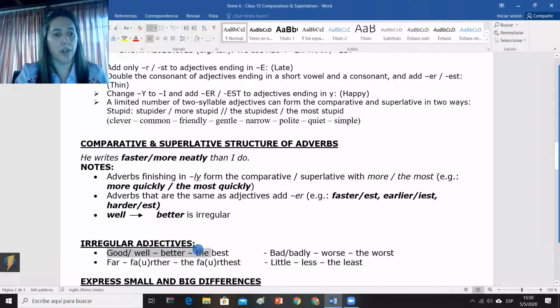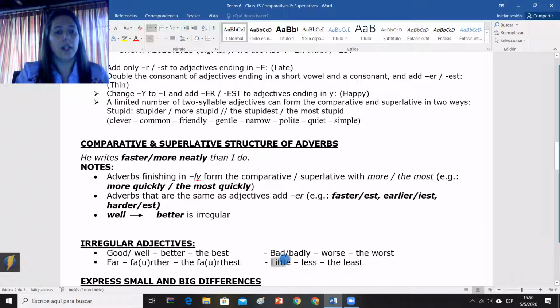Then far, the comparative is further, and the furthest. If you pay attention, I put a and u because both are correct. Bad, the adjective, badly, the adverb, the comparative is worse, the superlative the worst.